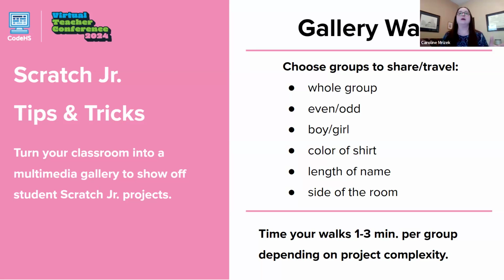So I'll say, okay, everybody with an odd number, pop up and go and see everybody with an even number. And then we swap it around. But I always use a timer. I will say that I cheat a bit: when I see that they need a little more time or a little less time, I'll say, oh yes, we have more time or whatever.